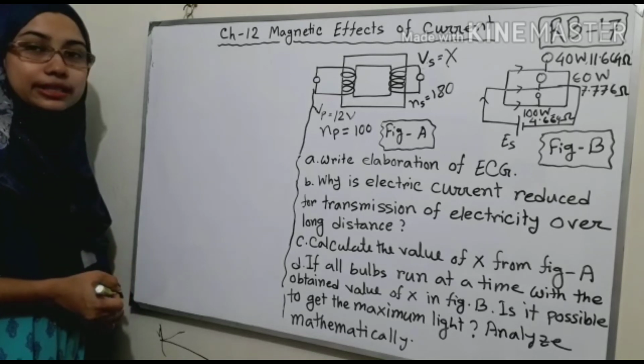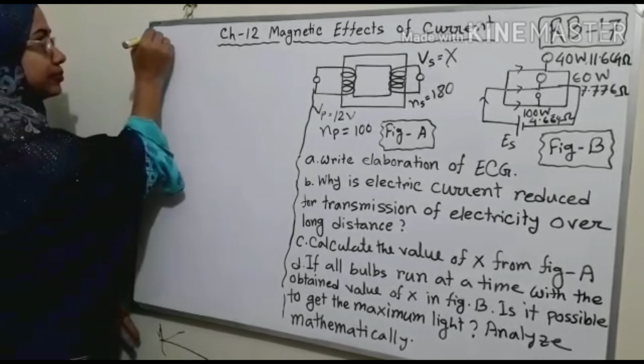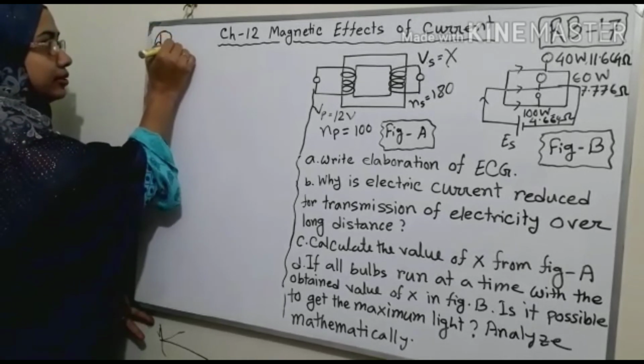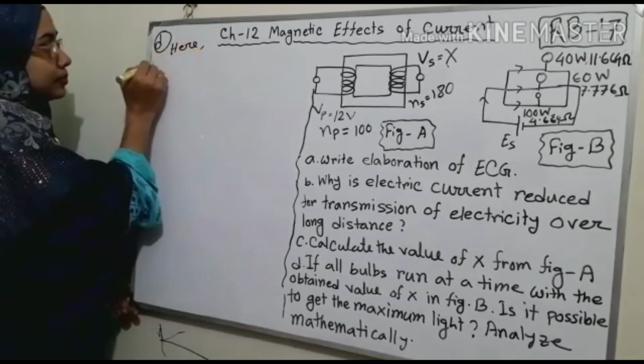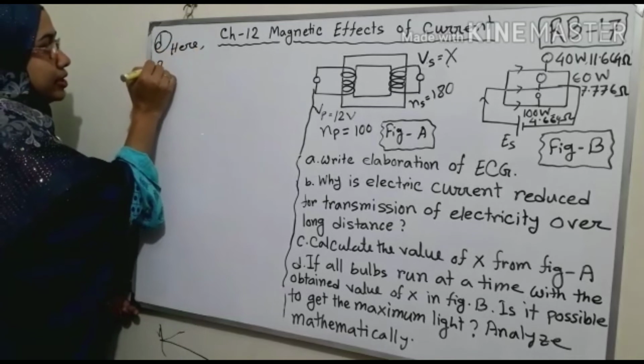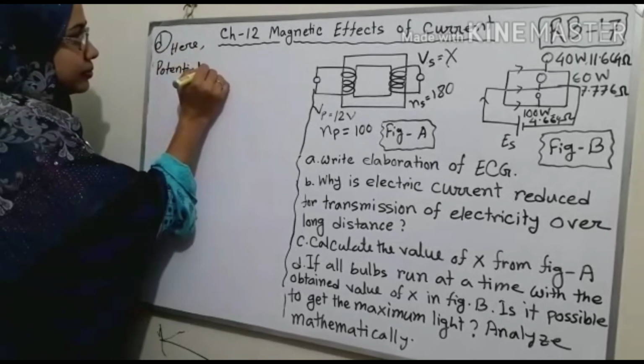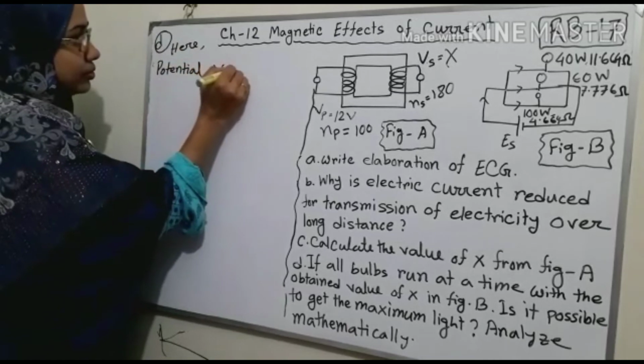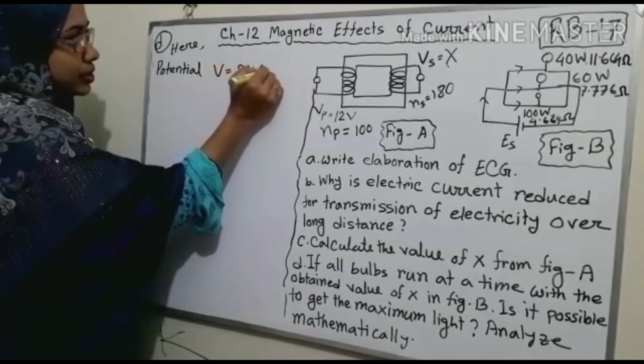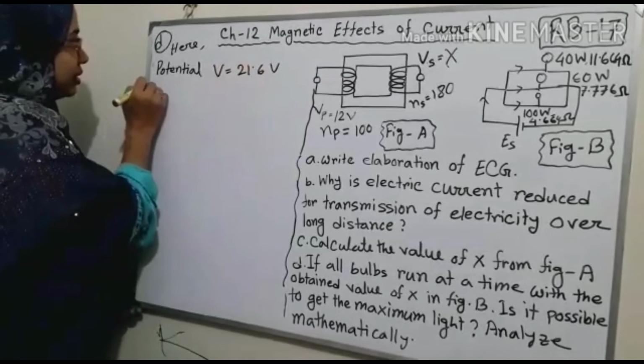For that we have to write the formula and data. At first we will write the data. So here, for the C marks question, potential V equals 21.6, which we got from the C marks question.